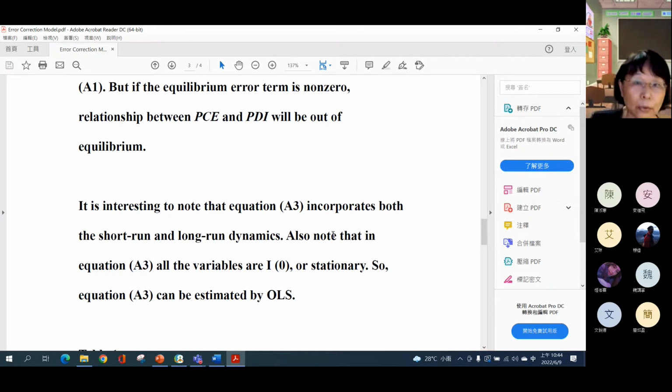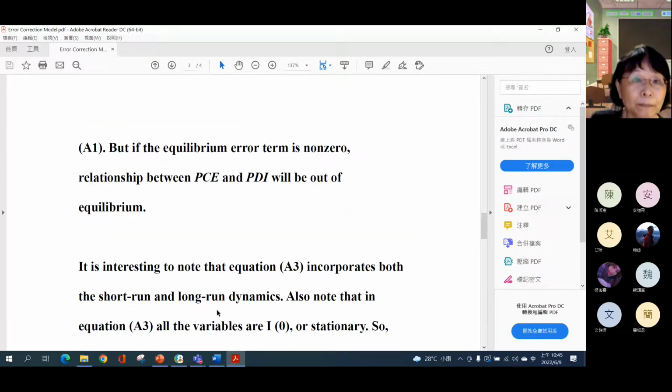Okay, and also note that in equation A3, all the variables, I think this is a new notation which you didn't see before, are I parenthesis 0, meaning that the original variables are stationary. So this is called integrated of order 0. This means stationary. Now I have to know this I parenthesis 0 means that all variables are stationary.